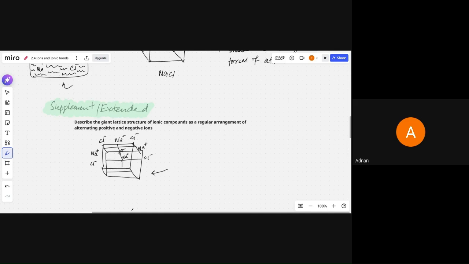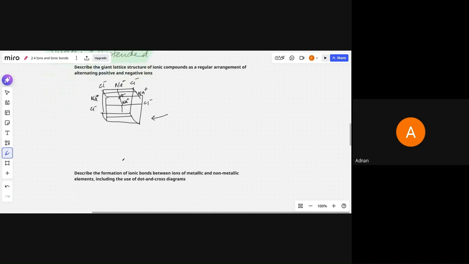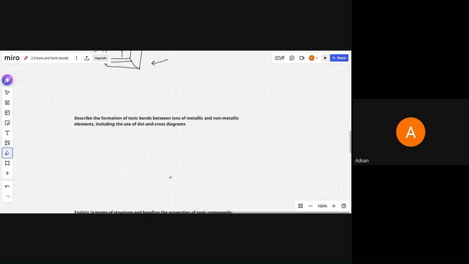And now the next topic is: describe the formation of ionic bonds between ions of metallic and non-metallic elements, including the use of dot and cross diagrams. So metals, again, they lose electrons. For example, magnesium is in group 2.